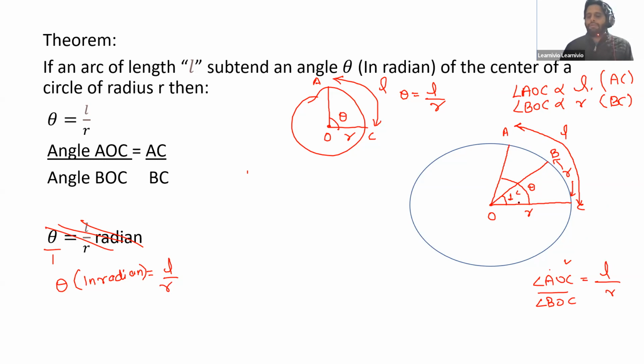That's why this is 1. Is this clear? Yes, sir. So finally, we have this formula, theta is equal to L by R. Please note: theta in radian is equal to L by R, so that you will remember the theta you always need to put in radian. Please let me know once this is completed, then we will start some questions on the basis of this formula.